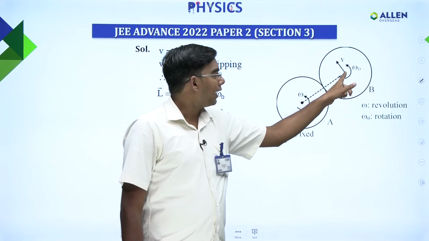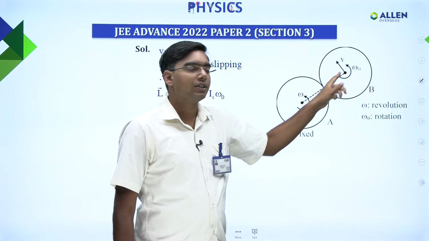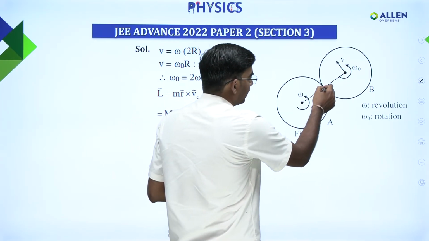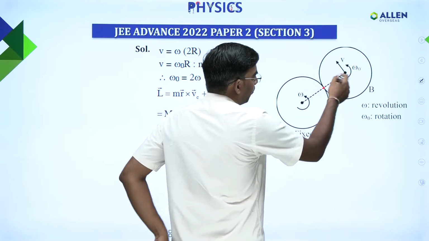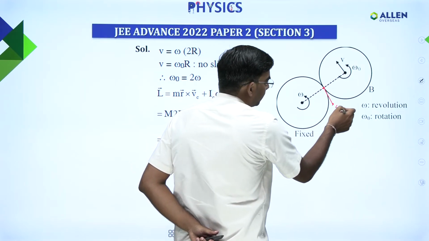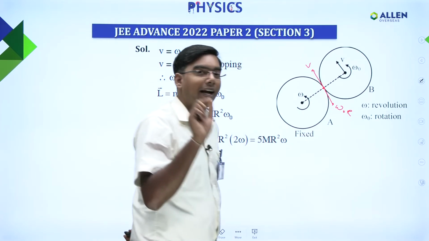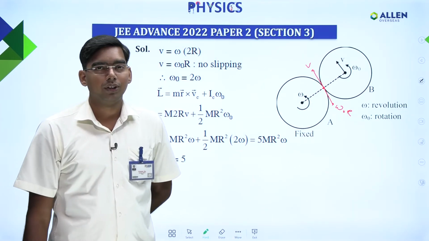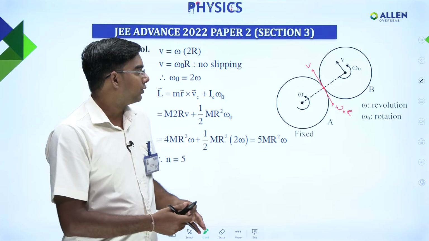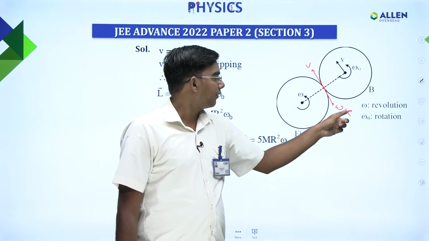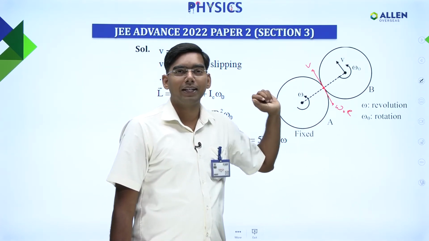Now, once I've got the velocity of the center of mass of this disk, since there is no slipping at this point, the omega naught r must be in this direction, so that the net speed at that point must be equal to 0. Correct? No slipping condition. So for the no slipping condition, this velocity must be omega r, and they must balance one another.